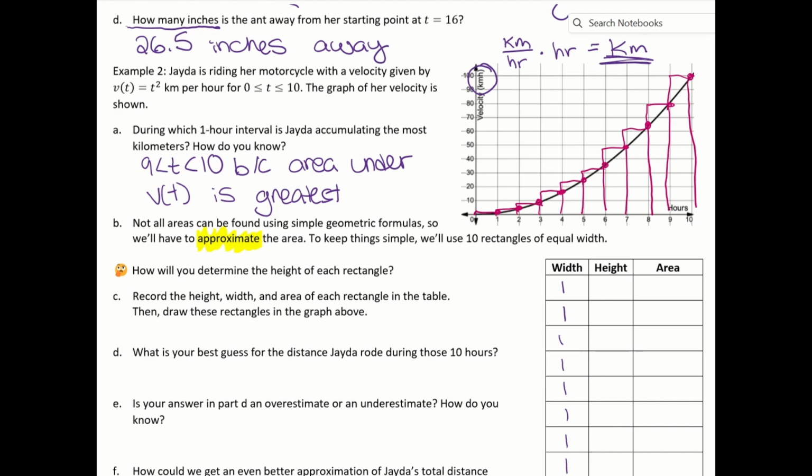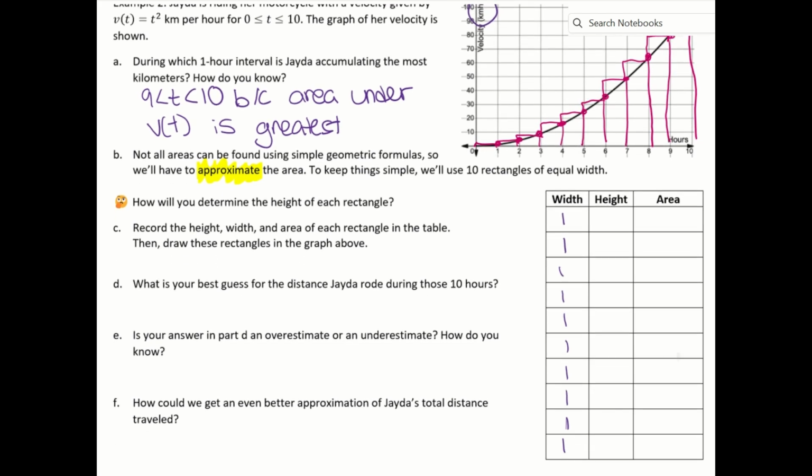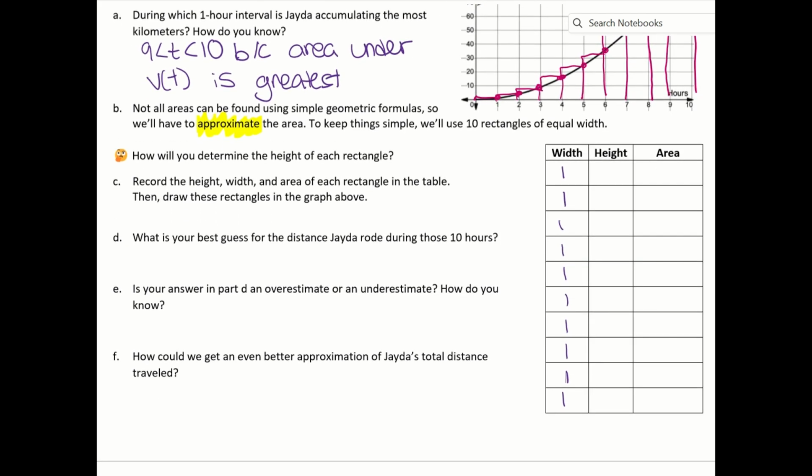So your part D answer could be an overestimate, or it could be an underestimate. If you pick the left side points, so if you made points from 0 to 9, you're going to have an underestimate.